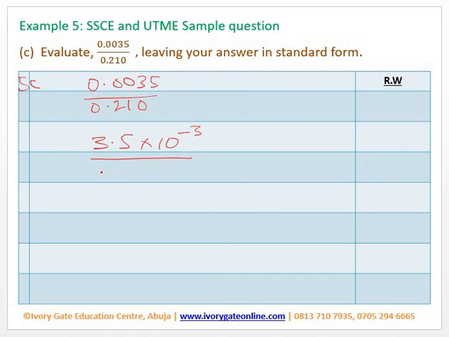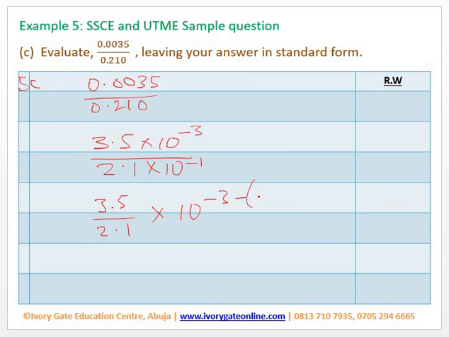all over 2.1 times 10 raised to power, this will move only one place, minus 1, to get that. So this will give us 3.5 over 2.1 times 10 raised to power minus 3, then minus the denominator's index.